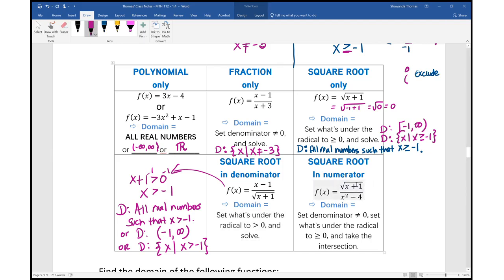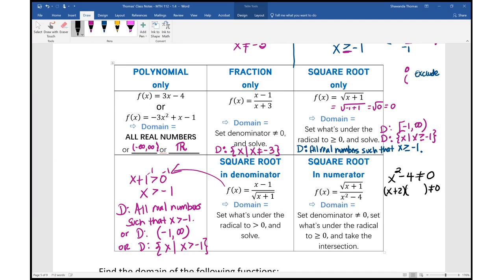But notice we have a square root in the numerator and a denominator. So we have two situations going on simultaneously. First, we need to set the denominator to not equal 0. So we know that x squared minus 4, we don't want that whole thing to produce a 0 in the denominator. And then we can factor x squared minus 4.